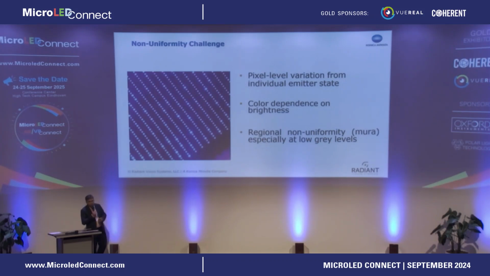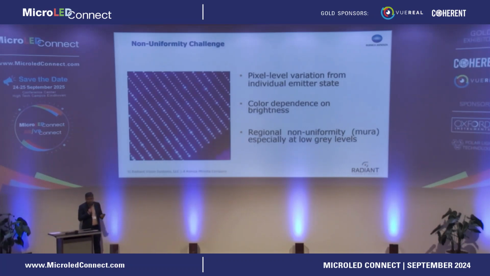You can easily have a luminance variation from, let's say, 50,000 candela to 60,000 candela per meter square on a single display, which is probably less than 2 centimeters in size. These kinds of individual pixel variations are of course challenging to the manufacturers.